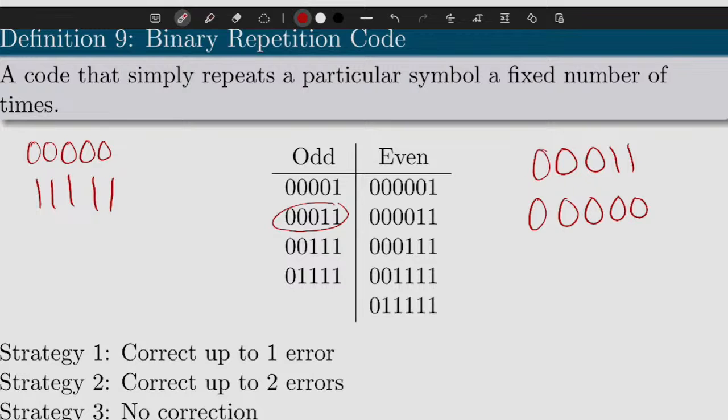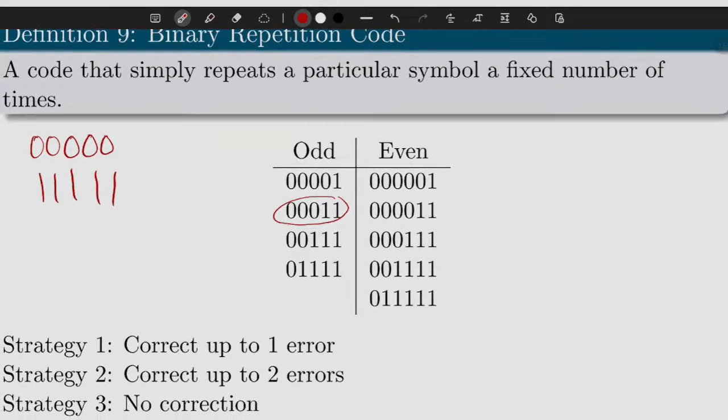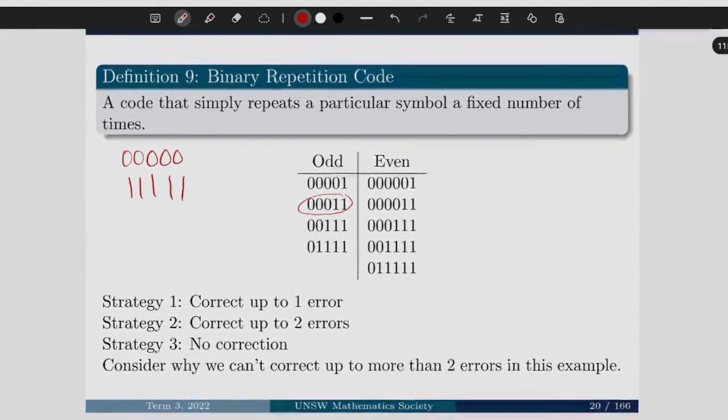Or alternatively, if I can say it's up to 3, then I can say, oh, okay, it was this sequence that was wrong, and then I can interpret it as this. And because I have multiple interpretations, correcting up to 3 doesn't really do anything for me because I'm still left in an ambiguous state, right? This very similar logic applies to this example here, where you just don't know if you want to correct the 0s or 1s, and hence, because of that ambiguity, we just leave it, right? So you can't correct more than 2 in this example.